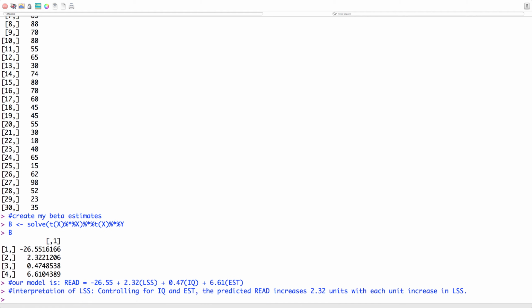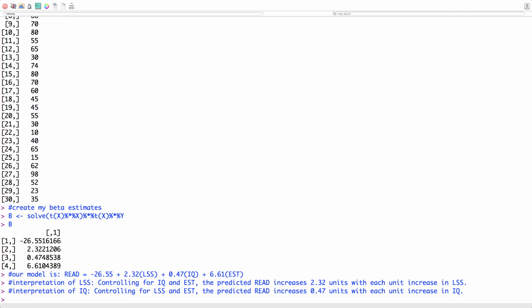Let's go to another interpretation, for IQ. Well, we would say controlling for LSS and EST, the predicted read increases 0.47 units with each unit increase in IQ.